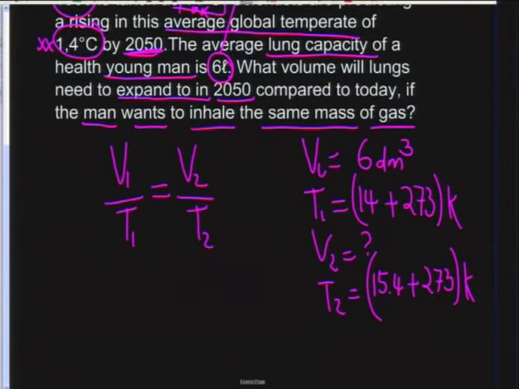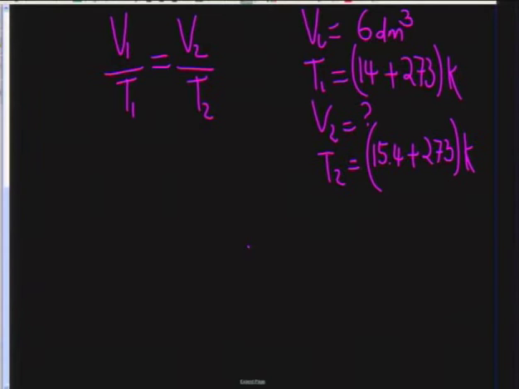Now let's try and work it out. Let's see if man is going to survive in 2015, and how much would a man need to survive in terms of the lung capacity. Volume 1, it's 6 over temperature 1, which is 14 plus 273, that is 287, okay?